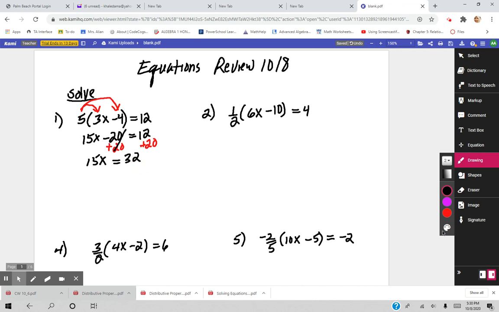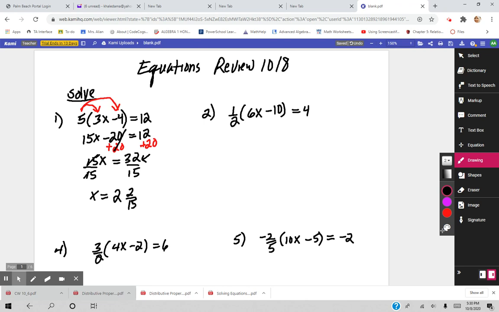Okay, we'll divide both sides by 15. And now the 15s will cancel, giving us x here. 15 goes into 32 twice because 2 times 15 is 30. When you take 30 from the top, you're still left with 2 over 15.